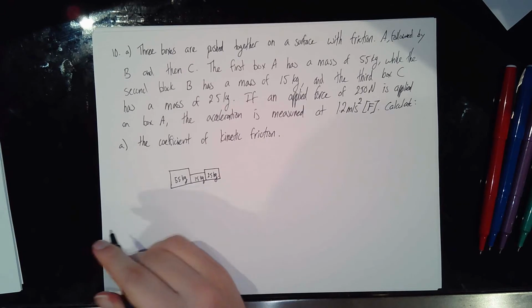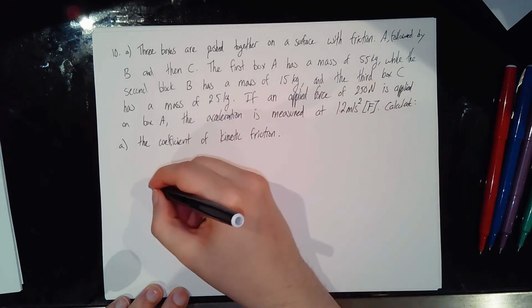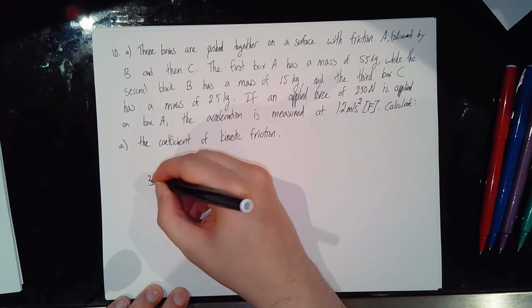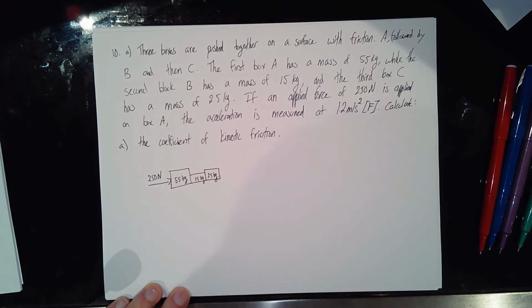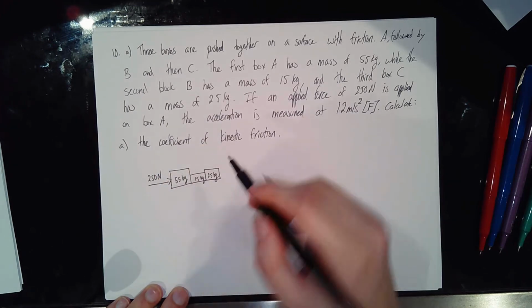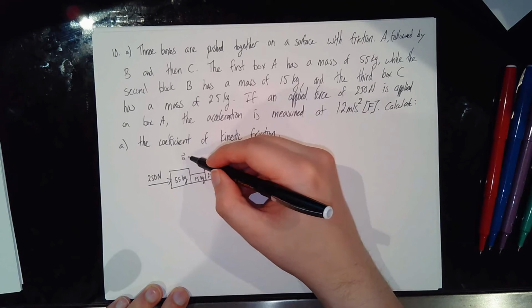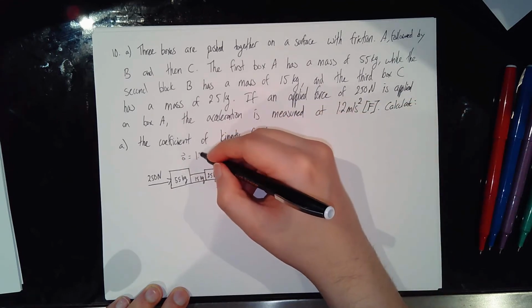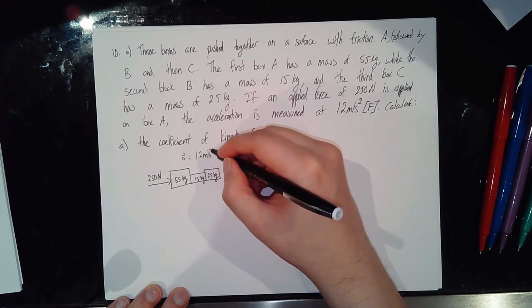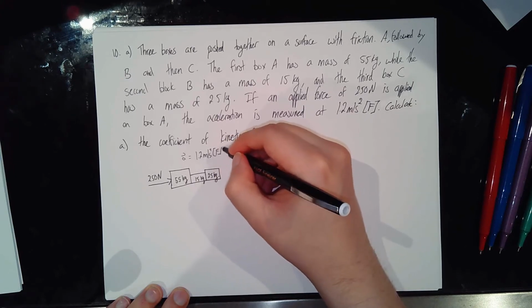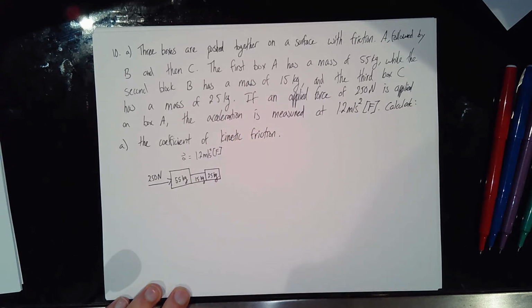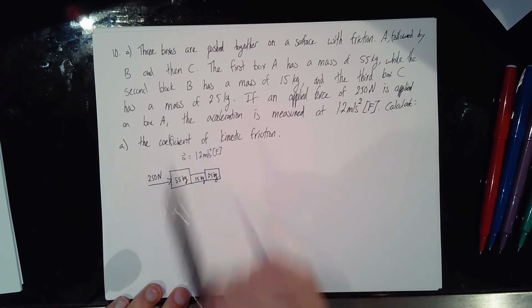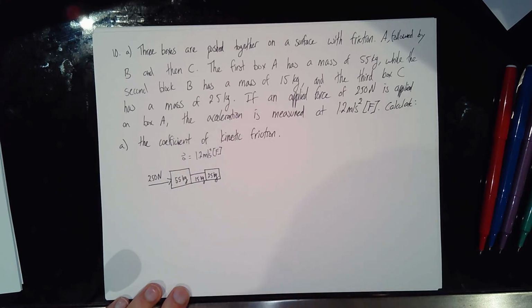And we are applying a 250 Newton force to box A, and we also know that the acceleration is 1.2 meters per second squared forward. And so it wants us to calculate the coefficient of kinetic friction.